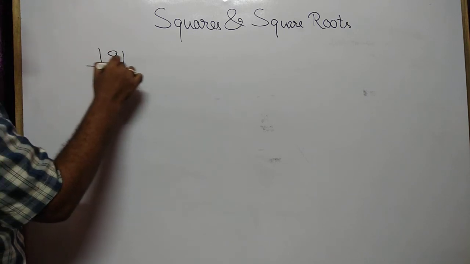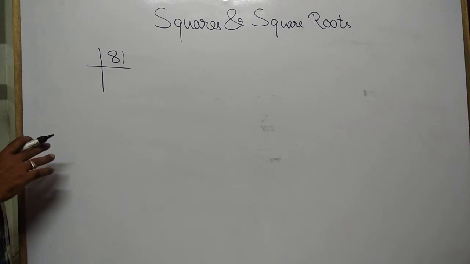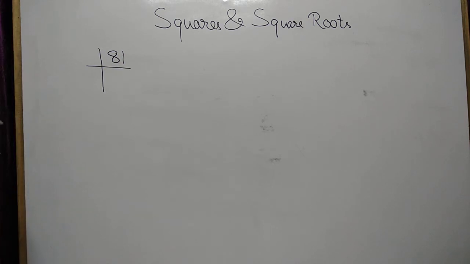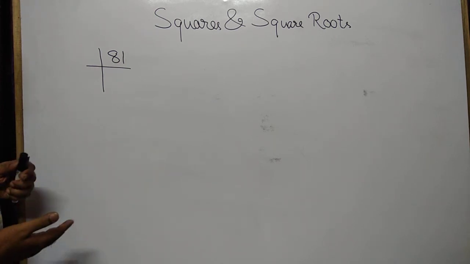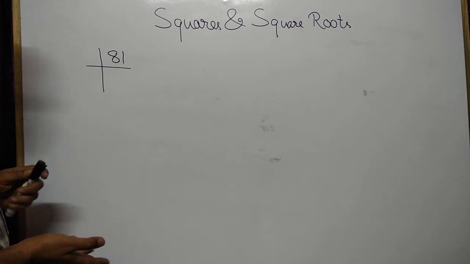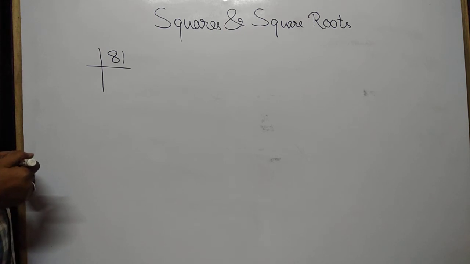The easiest method is finding the prime factors of the given number. There are two methods. One is the prime factorization method and the other is the long division method. The long division method we will discuss in the next video. In this video we'll discuss only the prime factorization method to find the square root.